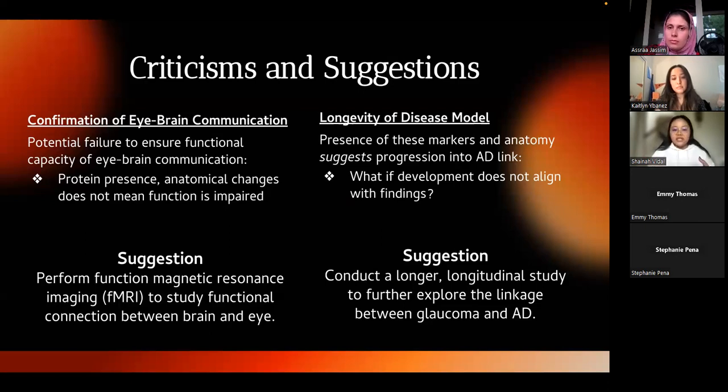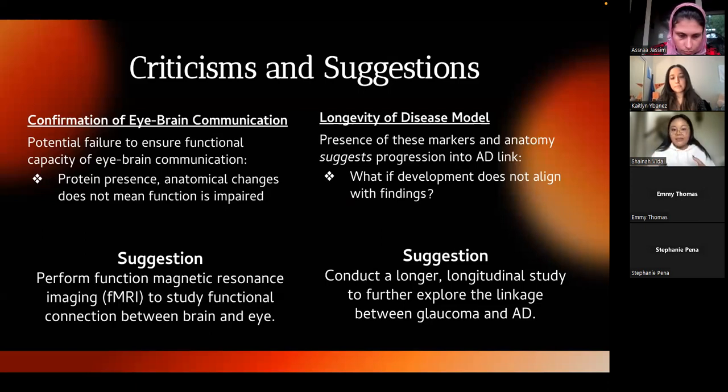So our suggestion to improve this is to perform a functional magnetic resonance image, which is an fMRI. By doing this, you can study the function of vision within these test monkeys and actually see whether or not vision is correlating to the functions within the brain itself.